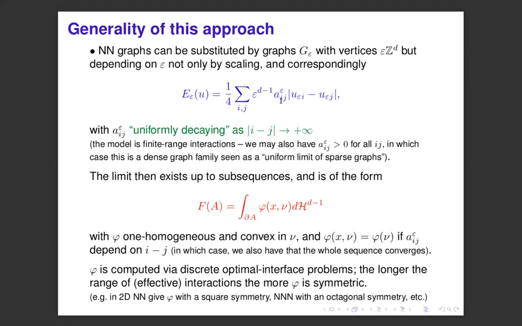So every i can in principle be connected by an edge to any j, but the strength of the connection of the edges must decay as the distance between these vertices goes to infinity. And in this case, we have a limit which can also be non-homogeneous, depending on x. But if it is homogeneous, this is just a convex function of the normal.